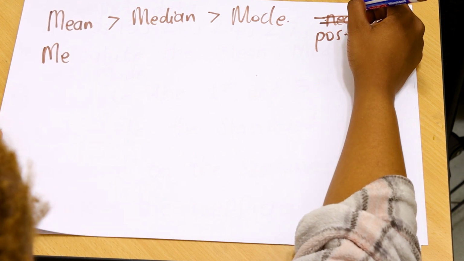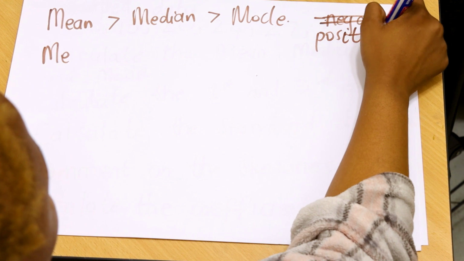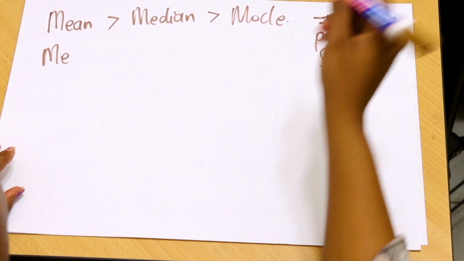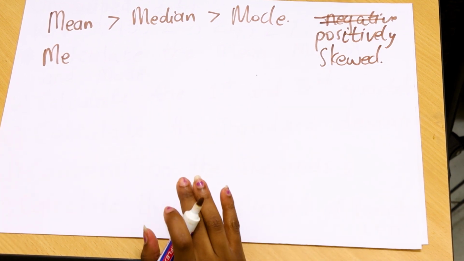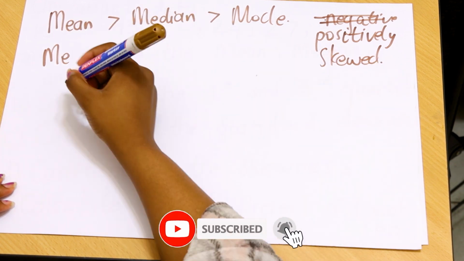I'm just going to erase it, remove that part. If the mean is greater than the median, and the median is greater than the mode, then you have the case of the positively skewed.